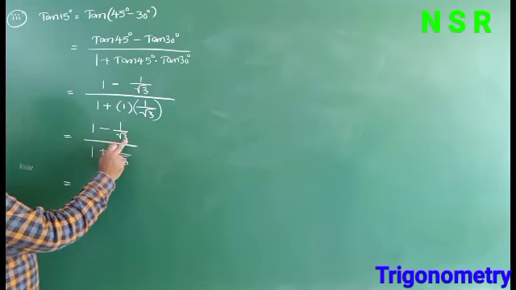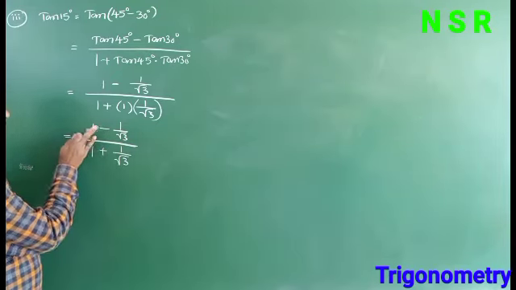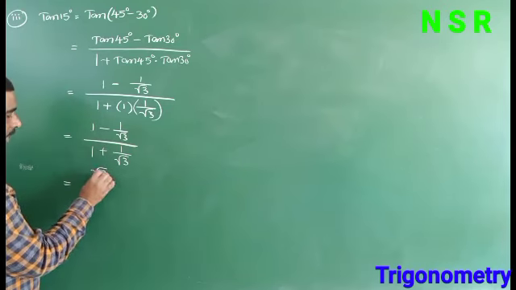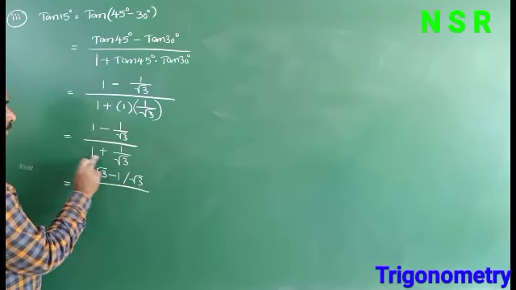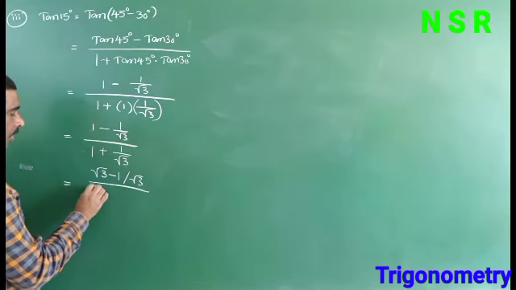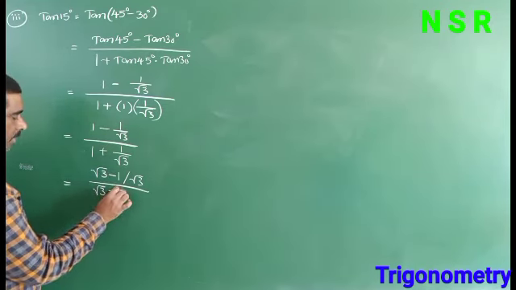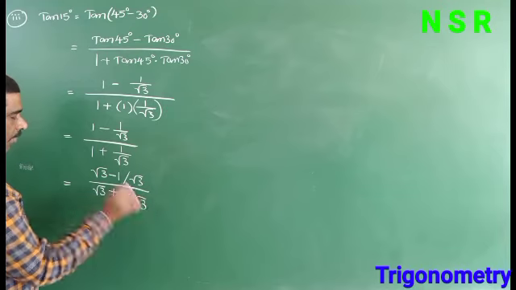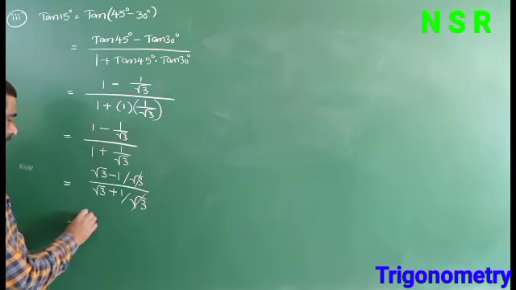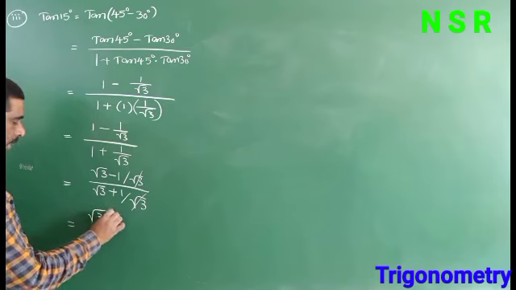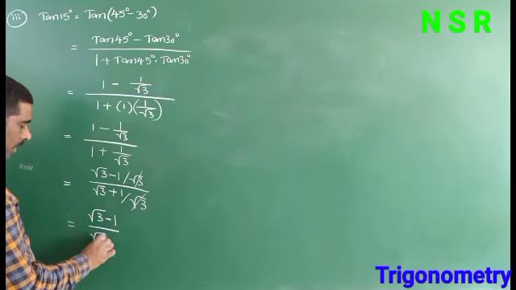So here the LCM is root 3 into 1, root 3. So root 3 minus 1 by root 3, by here also root 3 plus 1 by root 3. So in numerator and denominator the root 3 gets cancelled. We get root 3 minus 1 by root 3 plus 1.